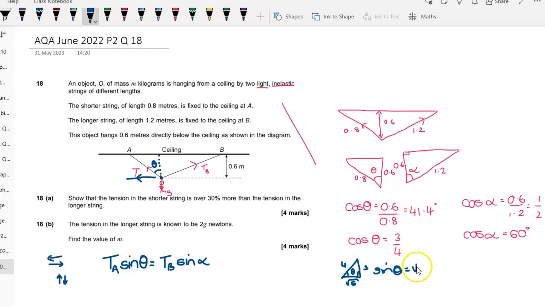So sine theta is root 7 over 4. And equally we can do a cheeky triangle over here. If that's alpha, that's 1, that's 2. So that will be root 3. So sine of alpha is root 3 over 2.